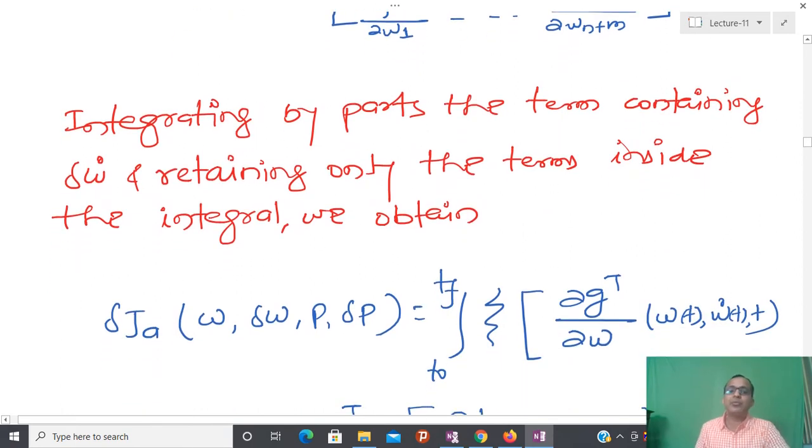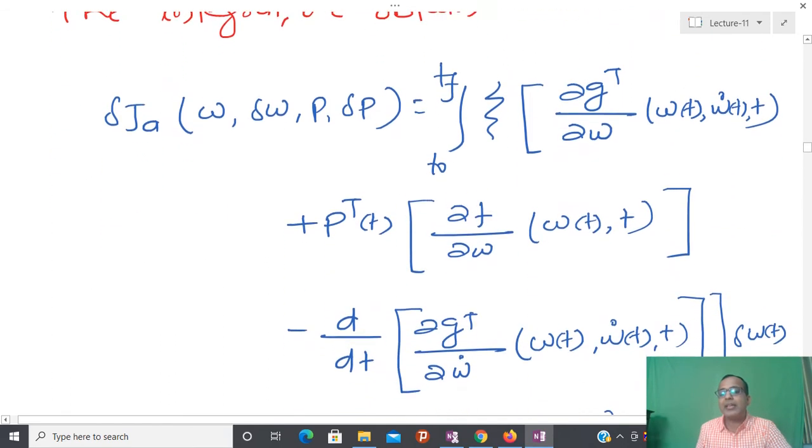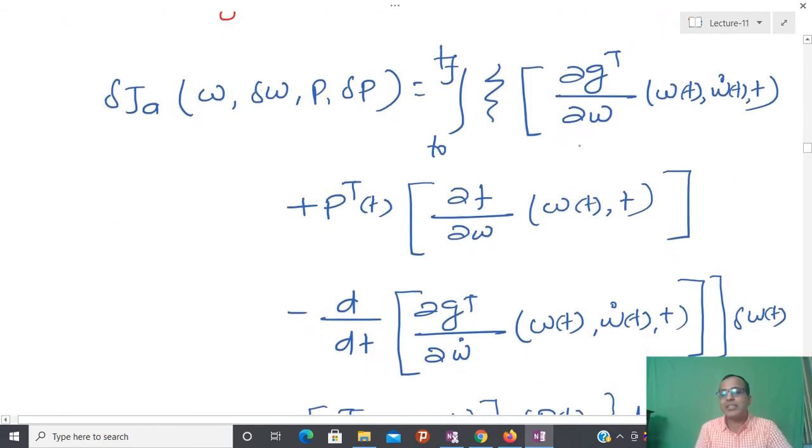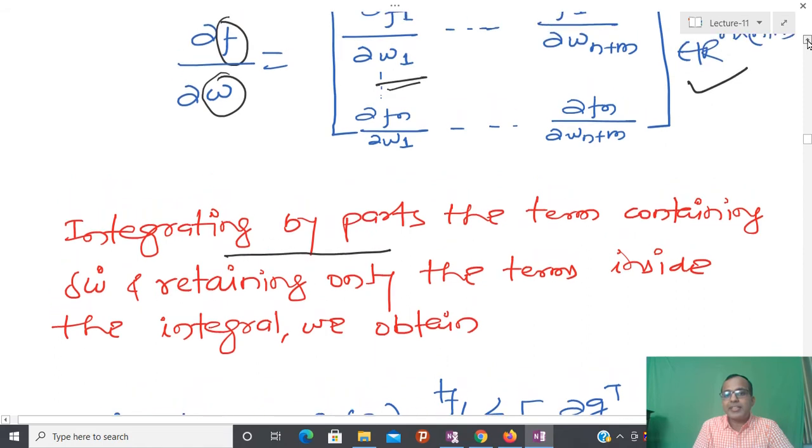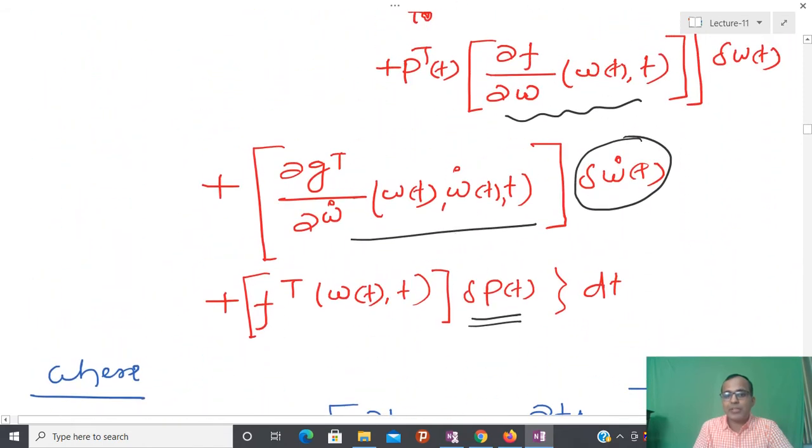So I have to use integration by parts to reduce the term δω dot in terms of δω, and I have to just collect the terms inside the integral only. For this I am going to do the integration by parts of this particular quantity.